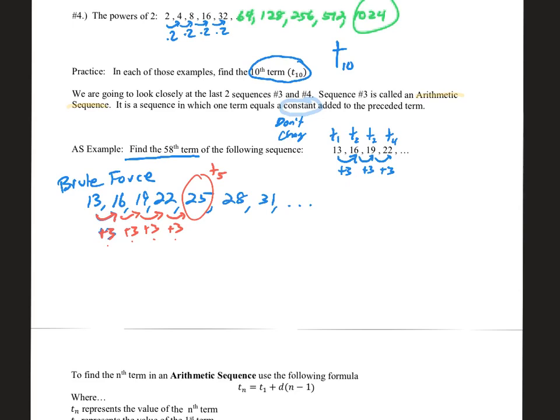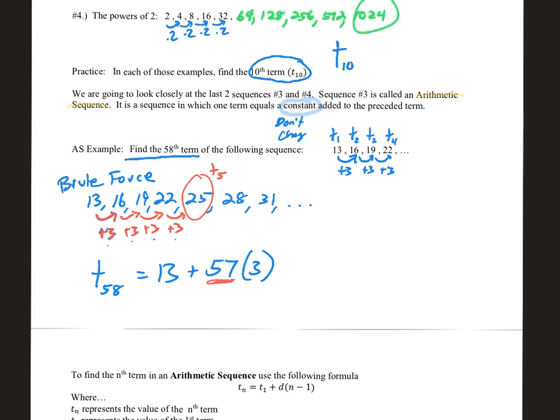So if you think about that, to get to the 58th term, I'm going to take that 13 and add to it 57 3's. 3 is my constant that keeps getting added, and I would add 57 3's to get to the 58th term.